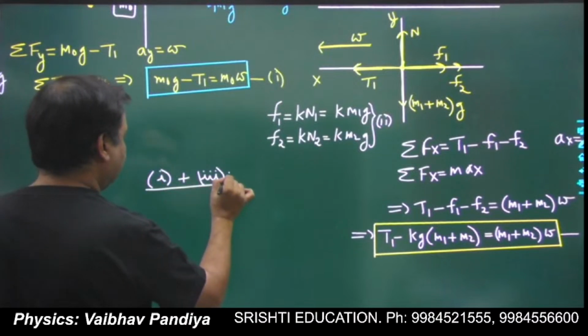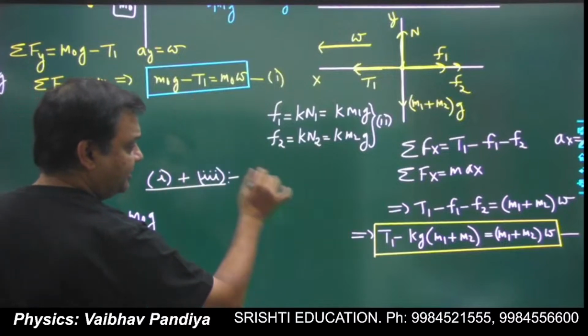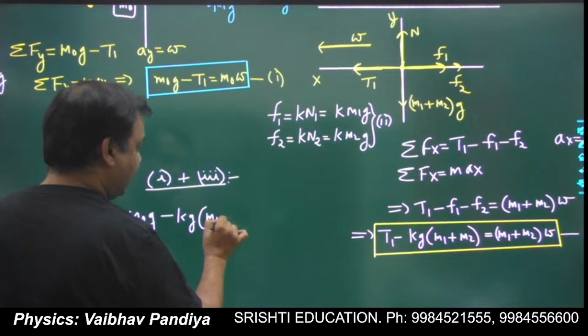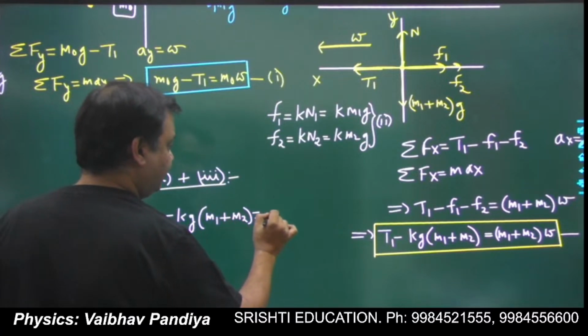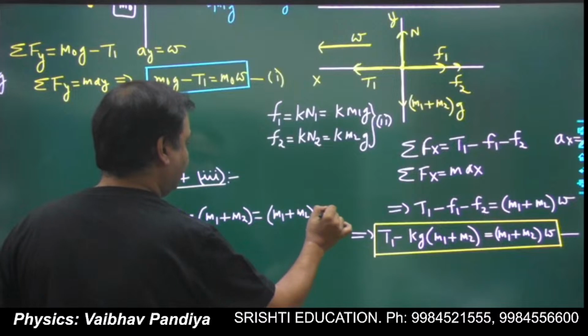correct? So when you are adding 1 and 3, you will get the equation m naught g minus T1 plus T1 will get cancelled away, minus k g (m1 plus m2) is equal to (m1 plus m2) times W, correct?